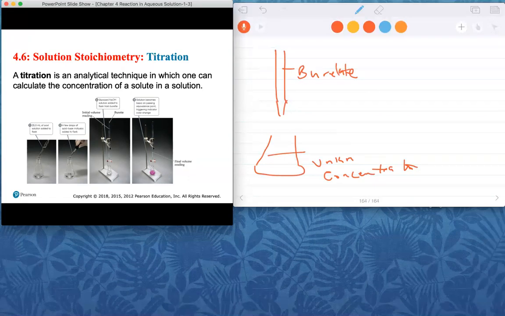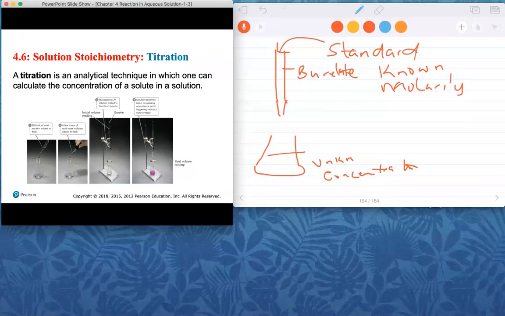What goes in the burette here is called the standard, all right? Standard means known molarity or concentration that goes in the burette.